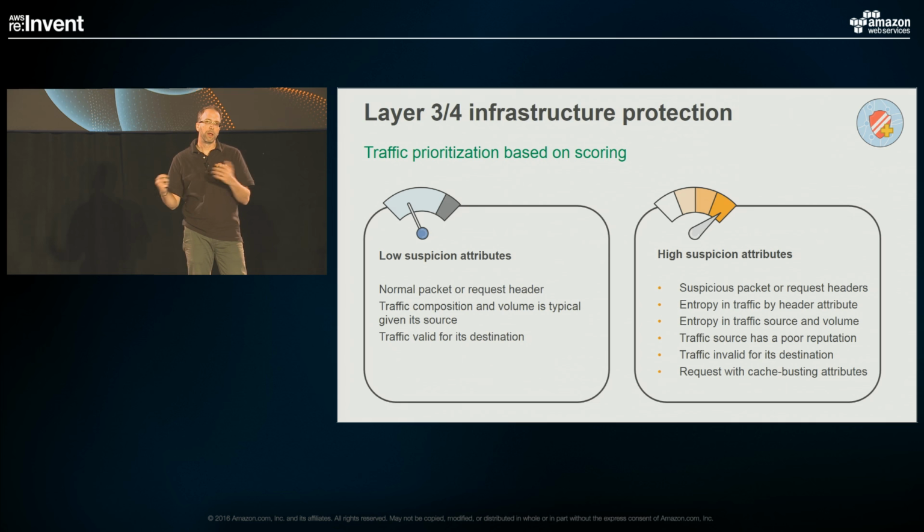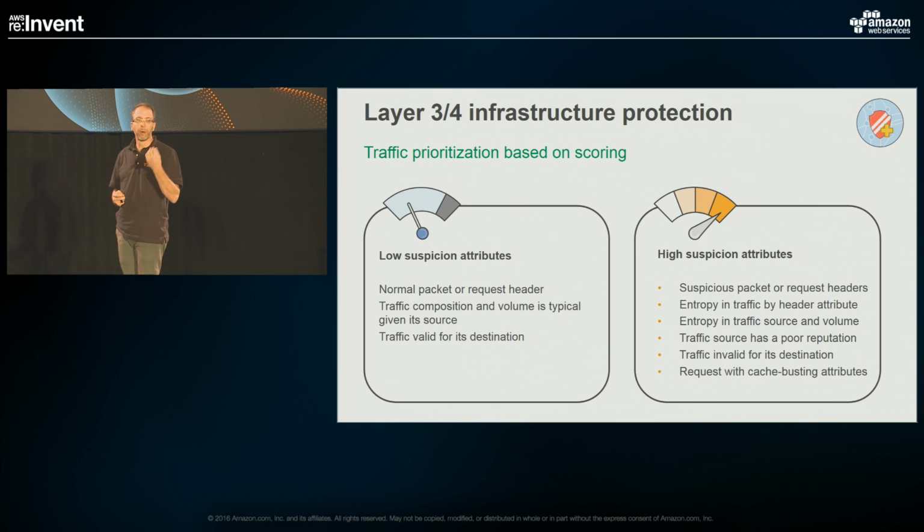Now, when we move into the less deterministic cases, we can look at various attributes of a packet that might indicate that it is less suspicious or more suspicious. Based on that, in our proprietary mitigation systems, we can apply a score to every packet as it comes in.